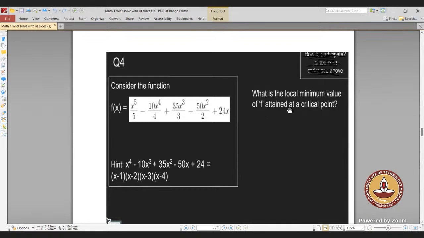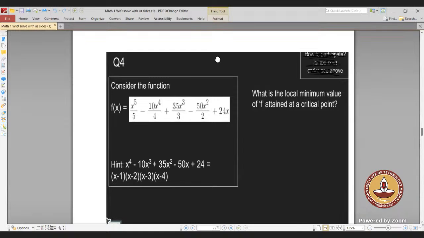Okay. So can someone tell me how to approach this question? So first find f dash x, and then set it to 0 to find critical points. Exactly.